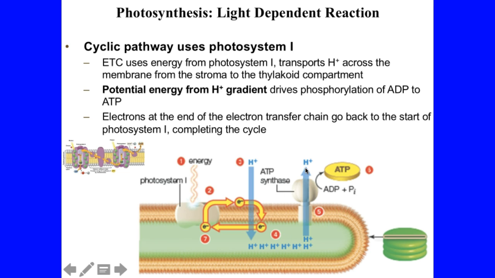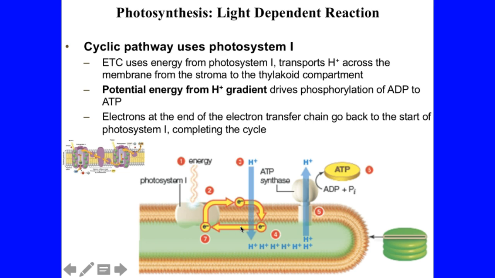When it shoots them back out, it goes through this enzyme called ATP synthase. It naturally is the enzyme that's going to be creating ATP. We can see it right here from ADP and a phosphate group being phosphorylated, or adding a phosphate group to this guy right here and creating our ATP molecules right here. So electrons at the end of this electron transfer chain go back to the start of photosystem 1, completing the cycle, and it goes on and on and on.